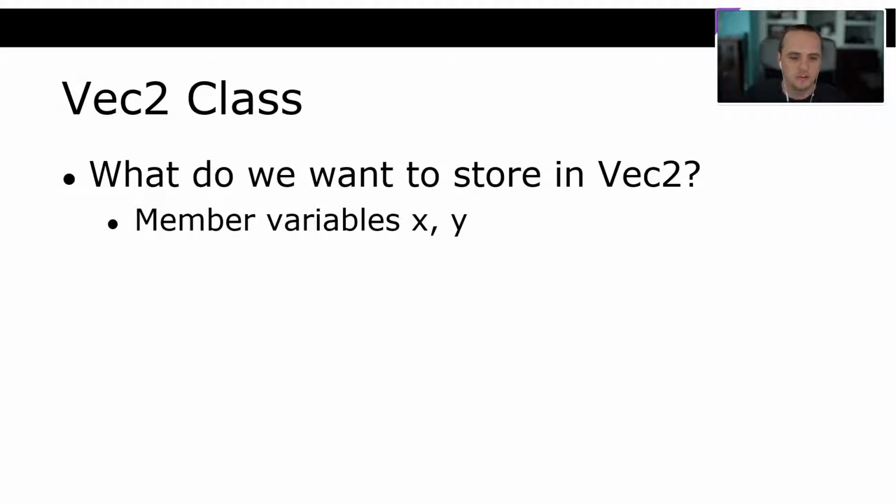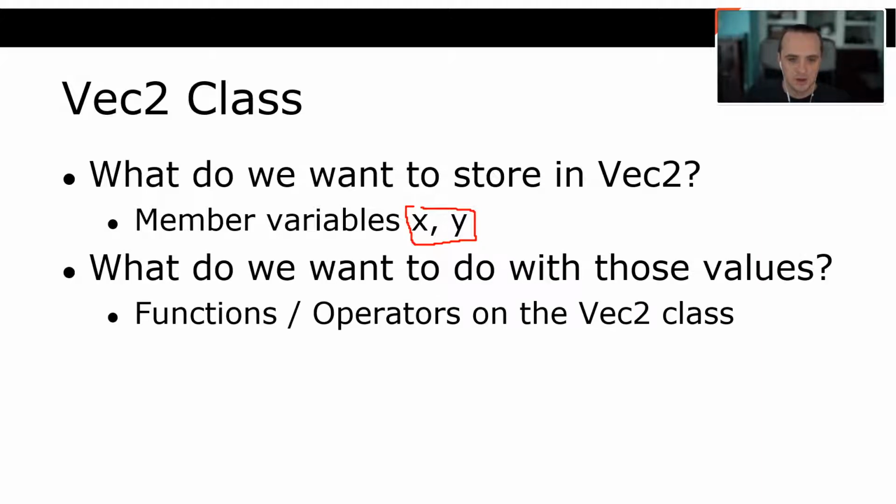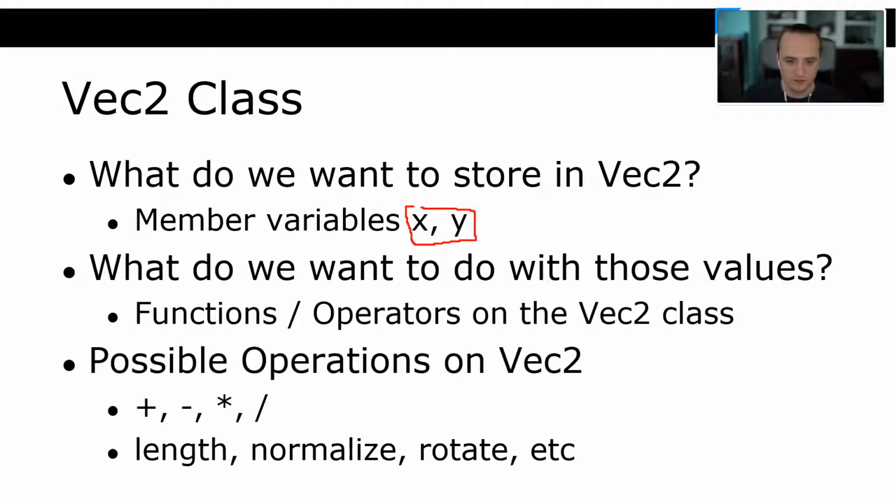What do we want to store inside the Vec2 class? Well, we're going to have two member variables. We're going to have an x and a y variable. What do we want to do with those values? Well, we're going to create a bunch of functions and operators on the Vec2 class.